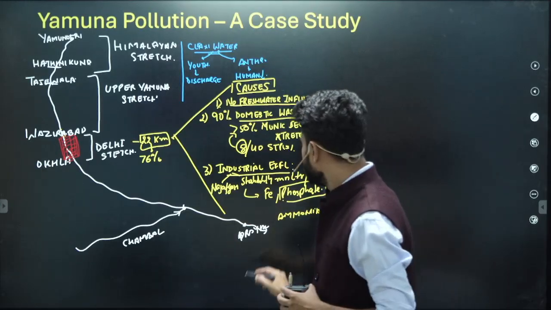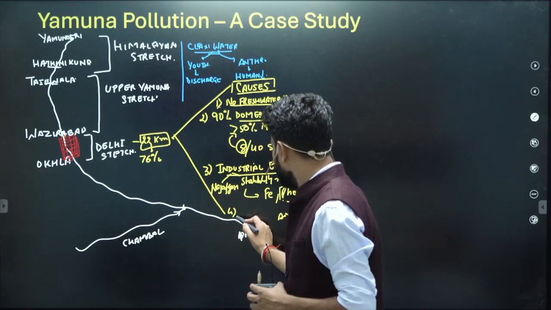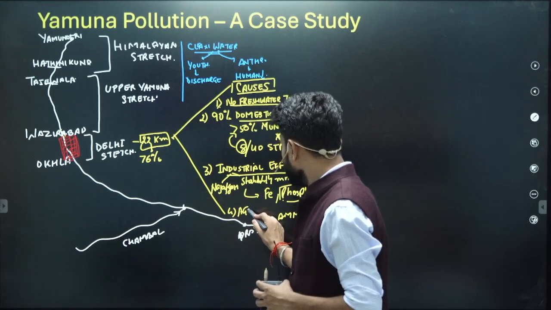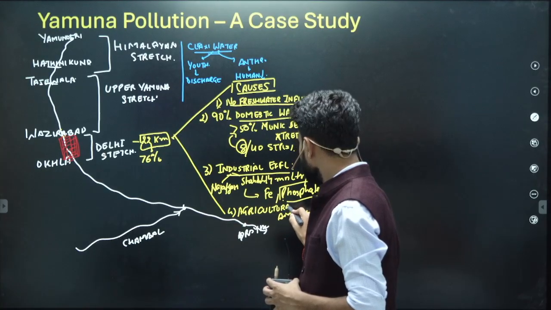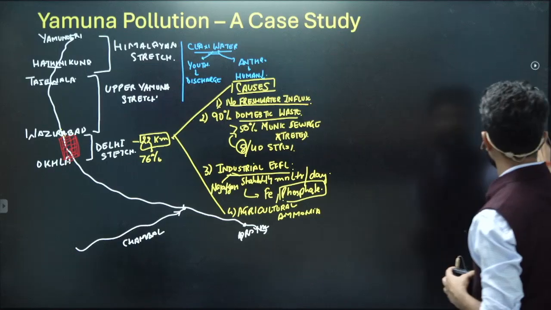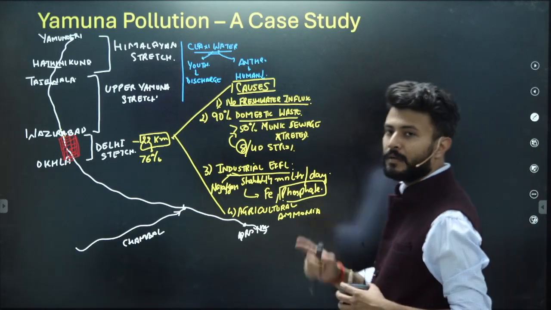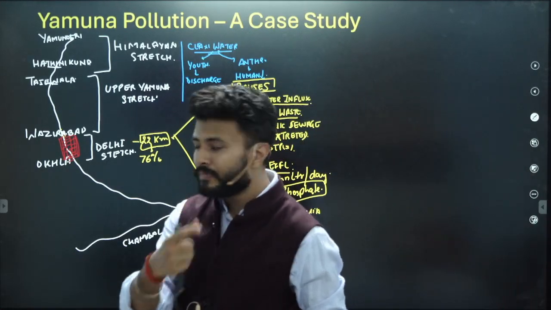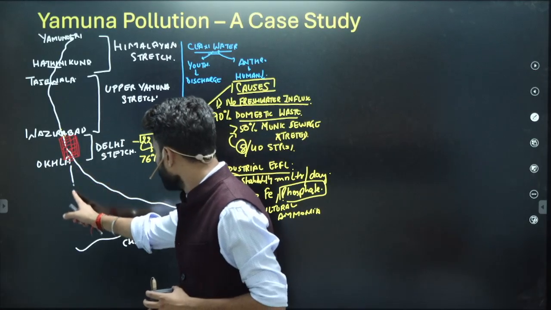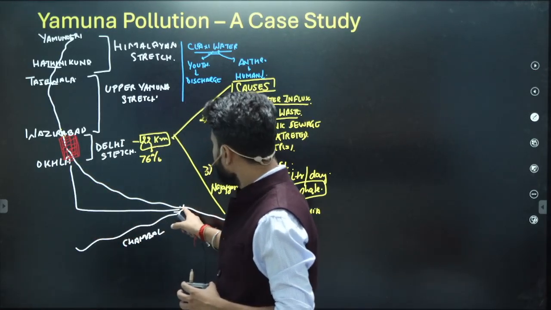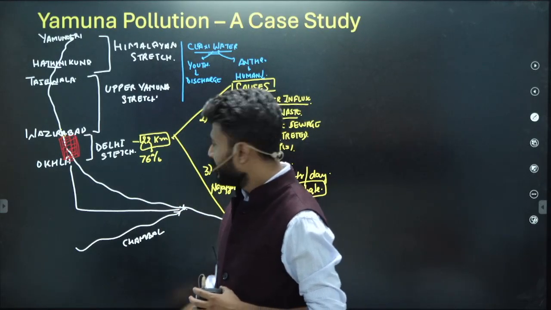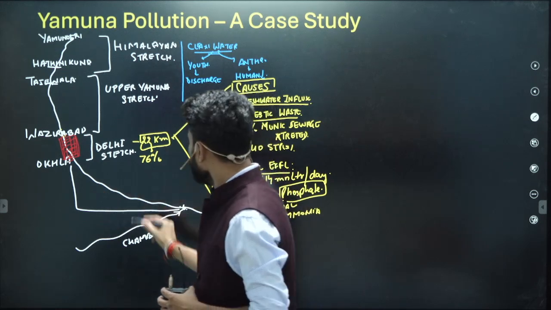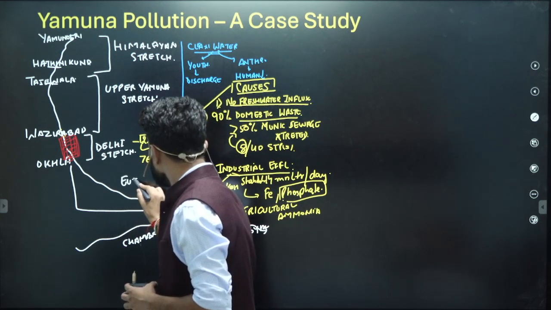And the next reason, that is the fourth and another important reason, is the agricultural factors. Now, these agricultural factors form an important component from the point Okhla towards the point where the Chambal merges with River Yamuna. This stretch is known as what?